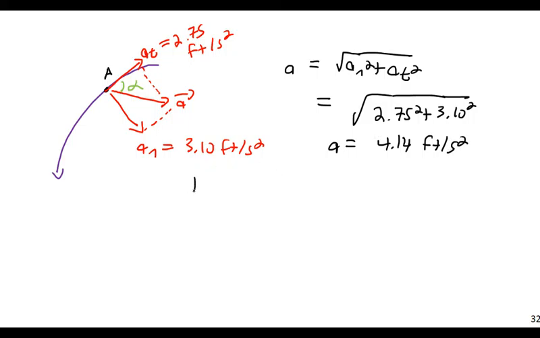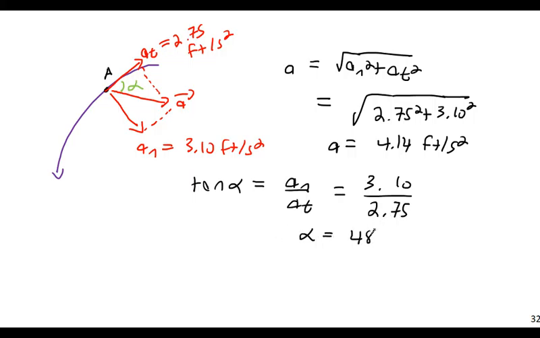And then tan alpha is equal to a_n over a_t, opposite over adjacent, 3.10 over 2.75, which comes to alpha equal to 48.4 degrees.